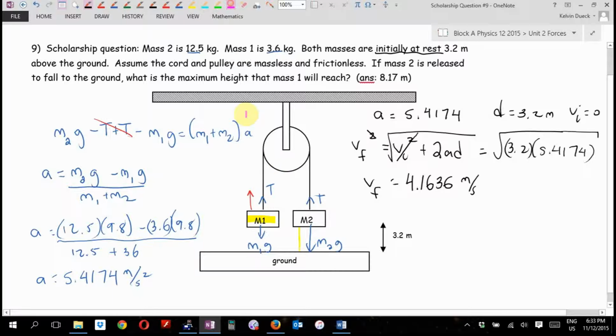Now, mass 1 is then going to keep on going up, but this time it's going up in free fall. We have an initial velocity upwards of 4.1636. At the top, it's going to be traveling 0 before it comes falling back down to Earth. It's going to be accelerating at negative 9.8 meters per second squared, because it's in free fall. How far will it go before it reaches the top and comes to a stop?